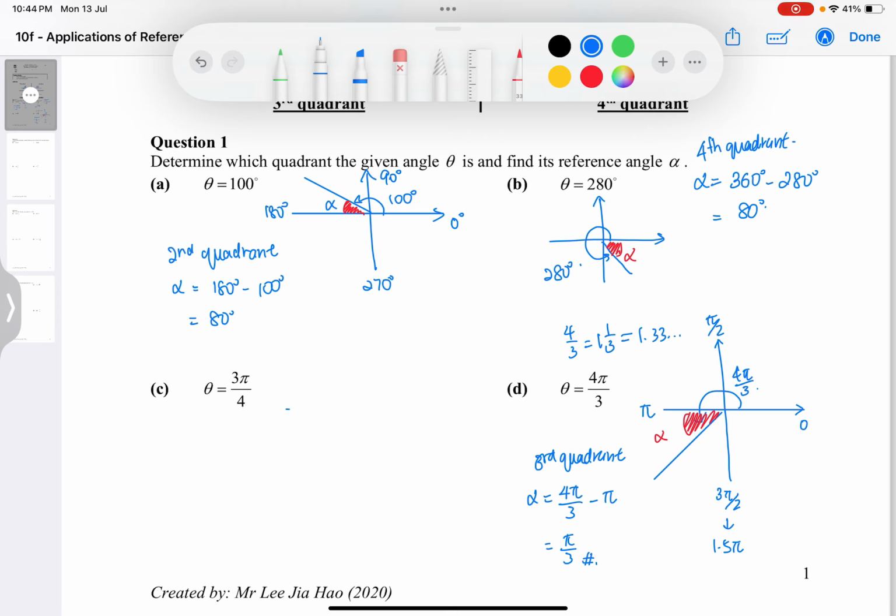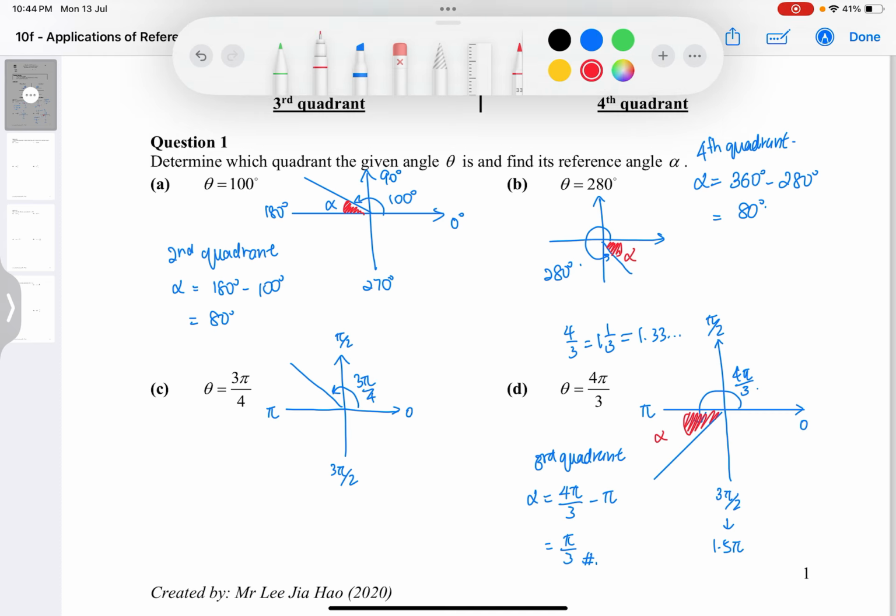For part C, likewise, we will draw our 4 quadrants. This is 0, pi over 2, pi, and 3 pi over 2. And then 3/4 pi is somewhere here, and this is 3/4 pi.